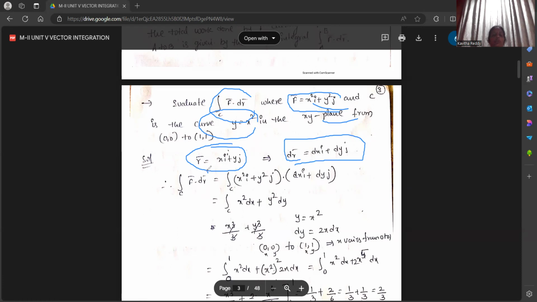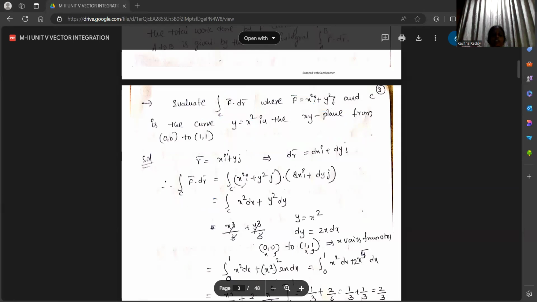You know the line integral formula, integral of F bar dot dr. F bar is given in the question, x square i plus y square j, and dr bar is dx i plus dy j. In the dot product, i dot i is 1, so after the dot product you get x square dx plus y square dy.